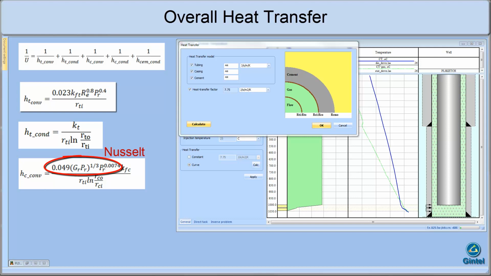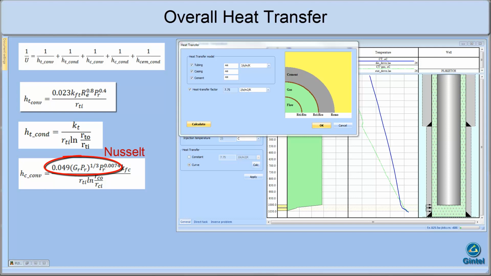Note, if the Nusselt number, which is a group of parameters in the numerator of the formula, equals 1, then annulus convection becomes purely equivalent to annulus conduction.